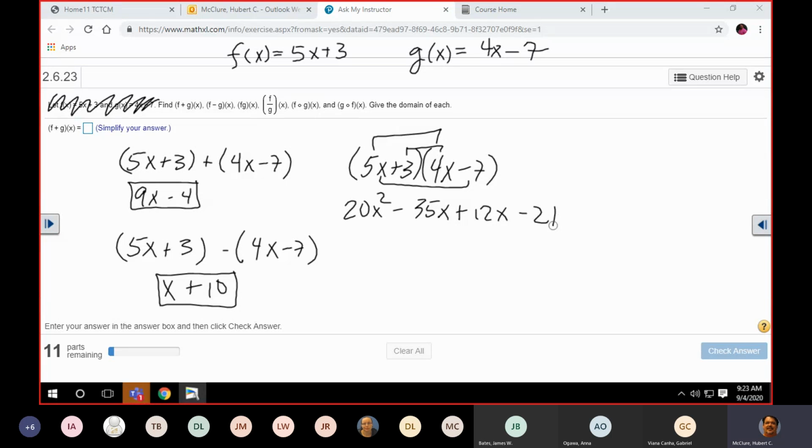And then 35 minus 12 is what, negative 13? I don't know. No, it's not 13. What is it? 23. Somebody help me out there. 20x squared minus 23x minus 21. I suck at subtraction, so somebody check me on that.